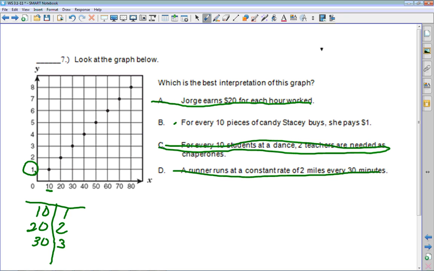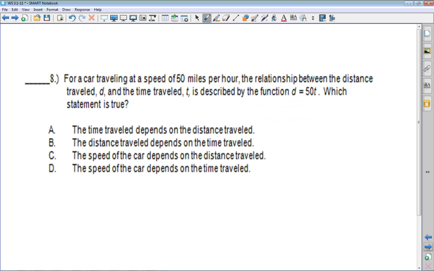So your answer's got to be B. The next one, it says for a car traveling at a speed of 50 miles per hour, the relationship between the distance traveled, D, and the time traveled is determined by D equals 50t.